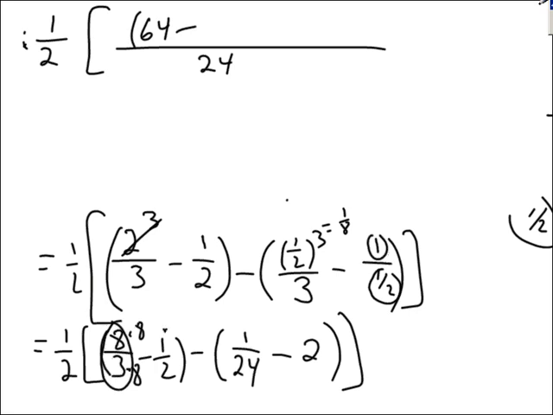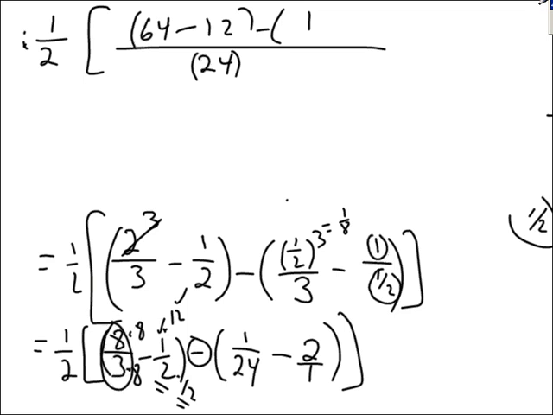Minus, here, I multiply top and bottom by 12. So the bottom is 24. 2 times 12 is 24. 1 times 12 is 12. Minus. The next fraction is 1 over 24. There's my 24 in the bottom.